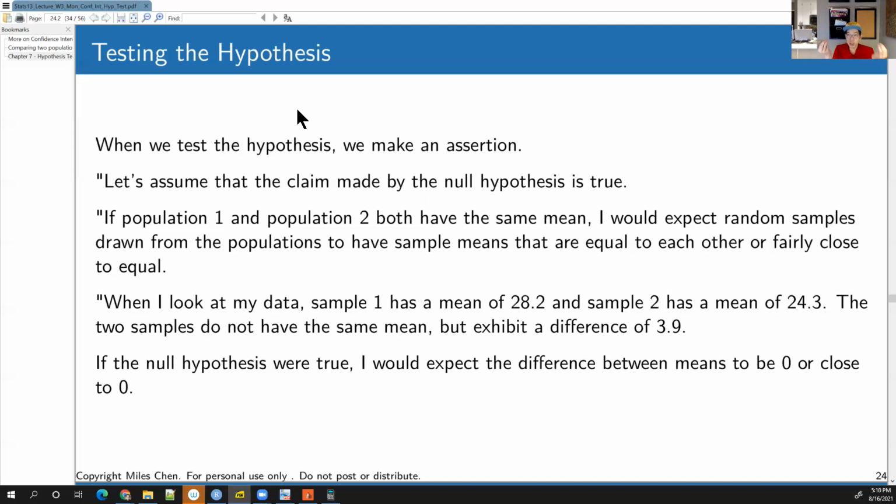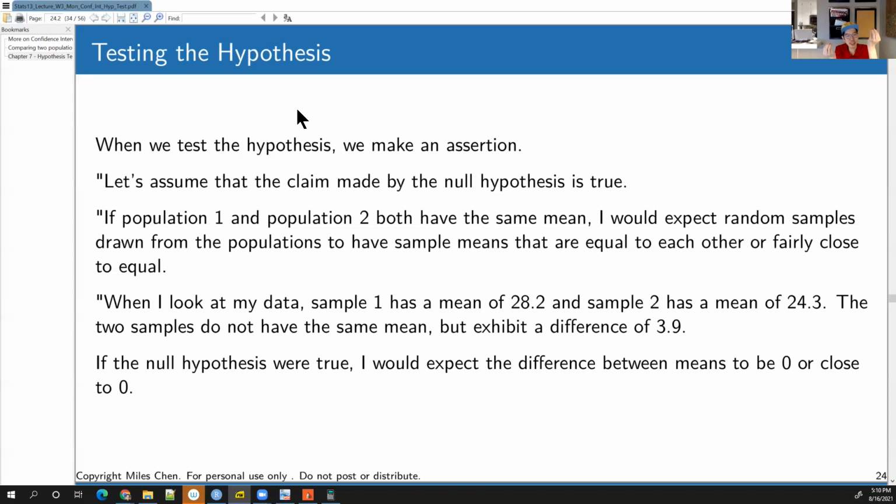But then when we look at the data, we're going to test that hypothesis against our actual data. This sample has a mean of 28.2, and this sample has a mean of 24.3. The two samples we've observed don't have the same mean; there's a difference of 3.9 points. And the question is, is that possible?